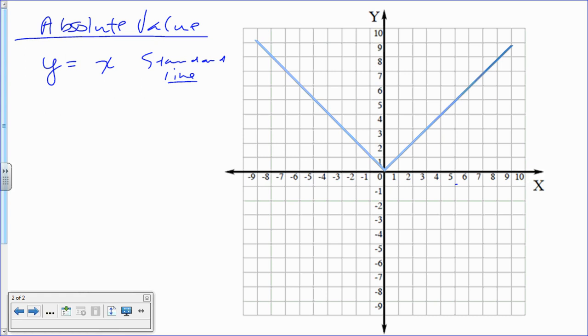You learn a lot from what I'm about to tell you. You draw a lot of connections here, okay? Watch this. The parent graph for an absolute value, you guys know what the symbols for absolute value are? The two lines like this, right? So the equation for this graph would be y equals, guess what? |x|.